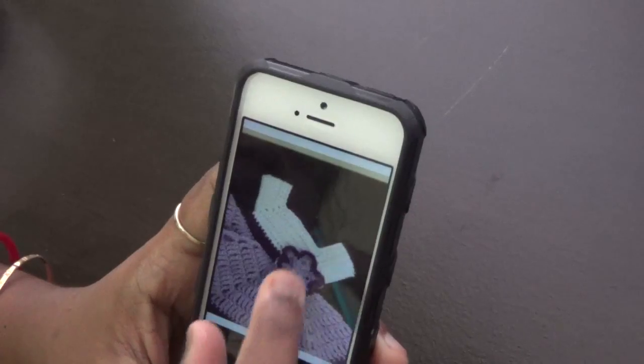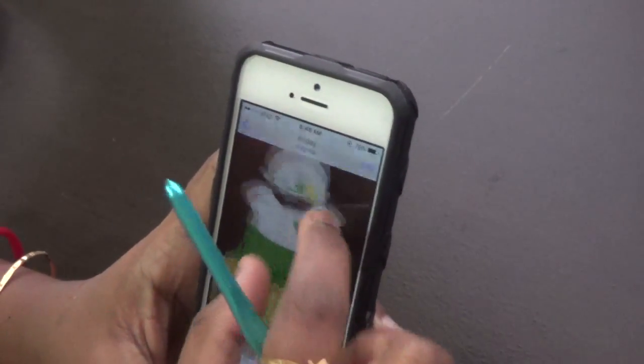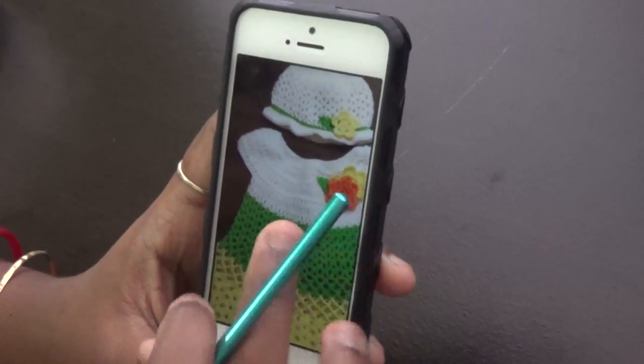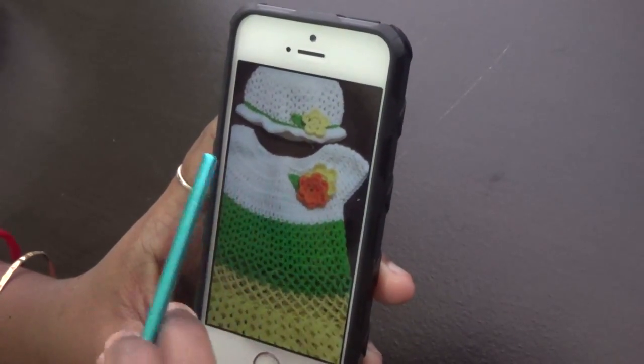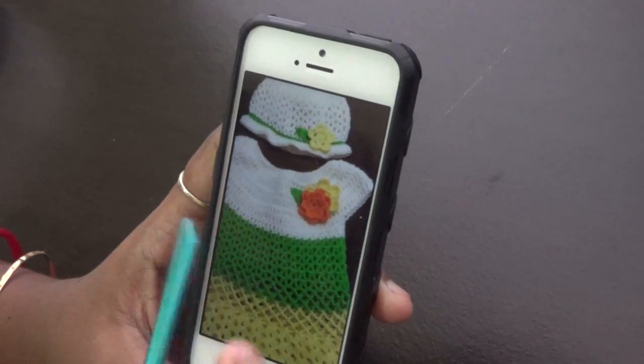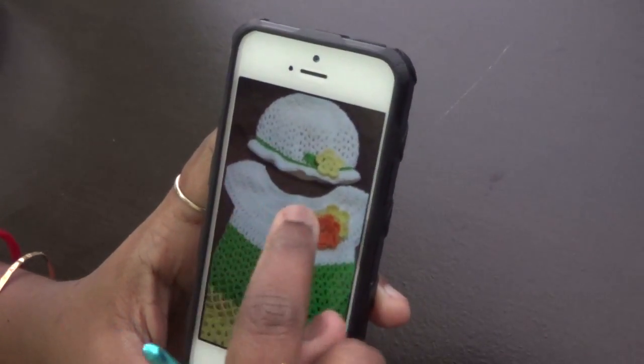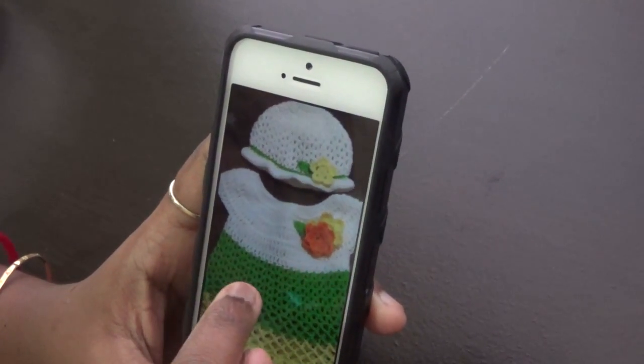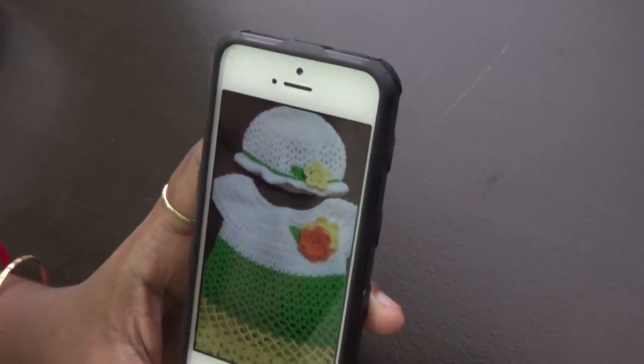I call it the cornered bodice, and another one is the curved bodice. You see, we don't see any corner, but we see the curve only. So these are the two types of bodices we'll be doing with any skirt.